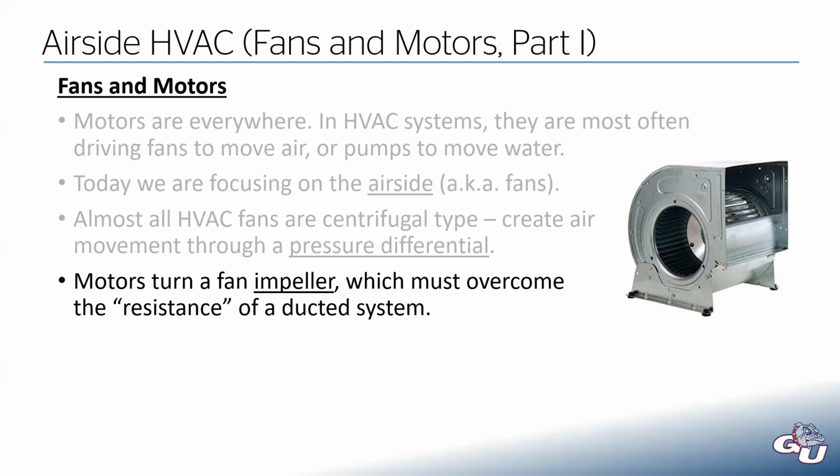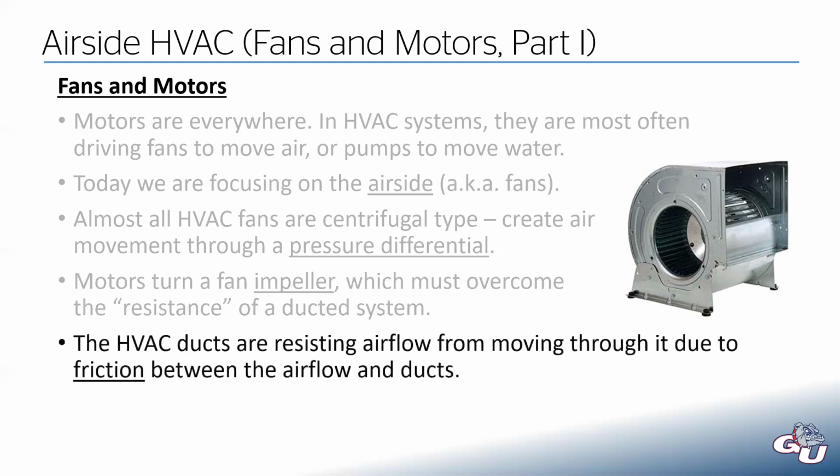But the idea is that that fan impeller has to overcome the resistance of the ductwork and anything else that could be in that ducted system between the supply side of this fan and the return side of the fan. So the ductwork in your building, that's all going to be resisting airflow.